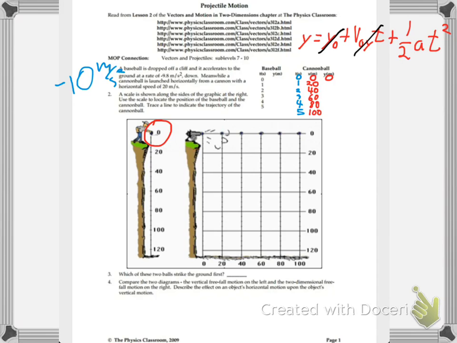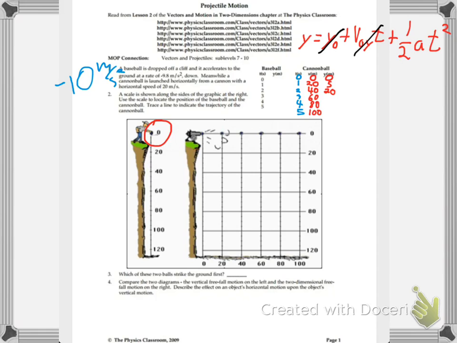So this will end up being a position of 5 meters. After 2 seconds, we will have 1/2 times the gravity, which is negative 10, multiplied by 2 seconds squared. And now this object will be at 20 meters.